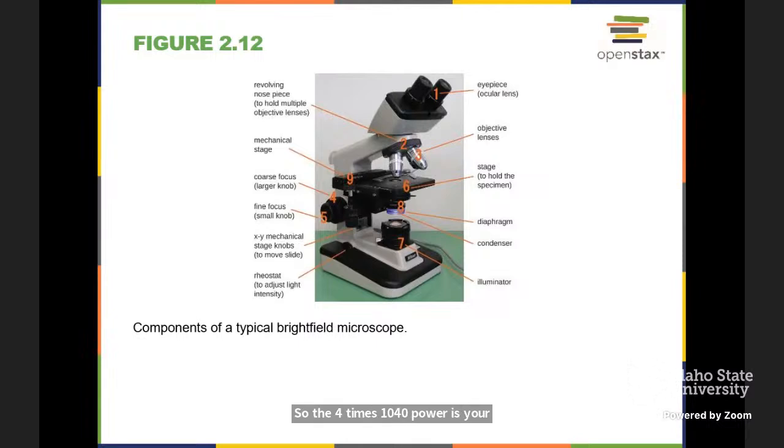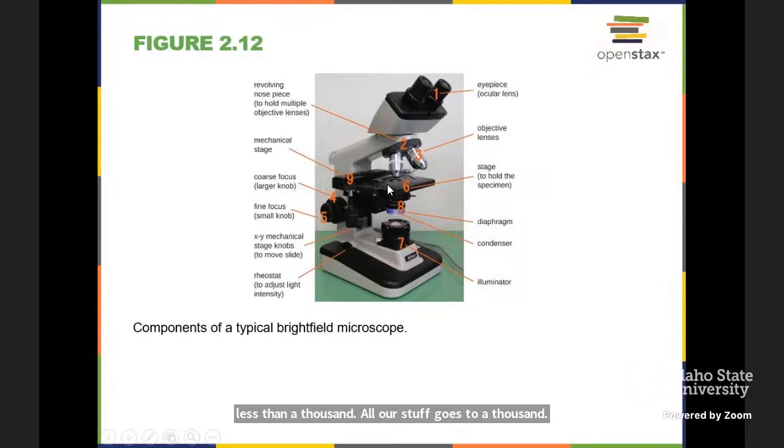And it goes up 4, 10, 40, and 100 to give you, multiplying by tens with all of those, up to 1,000 magnification. Super magnified. There are some that can bump it up a little bit, but truly the images aren't much different, all right? You don't get any better resolution or crisper image past about 1,000. Some are a little bit less than 1,000. All of our stuff goes to 1,000, all right?